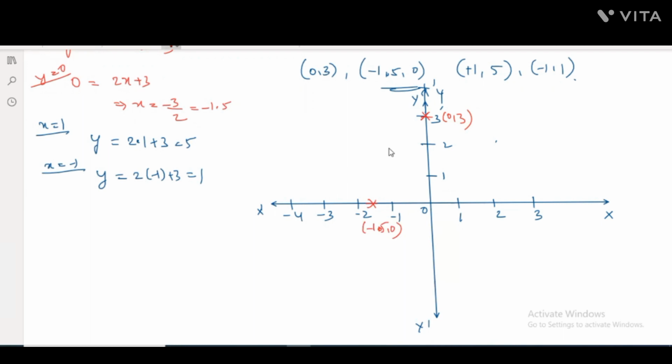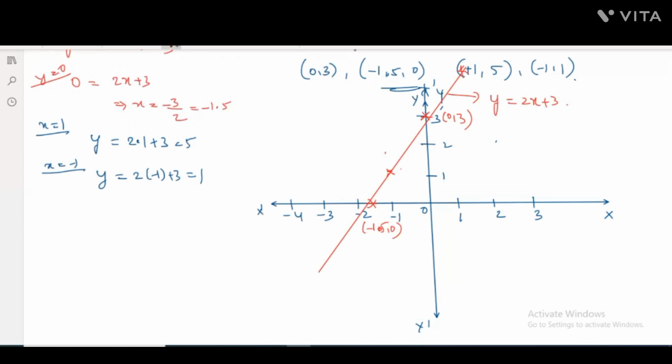We have one more value, minus 1, 1, and 1, 5 will be somewhere up here. Join all these points and you get a straight line like this, which is the graph of y is equal to 2x plus 3.